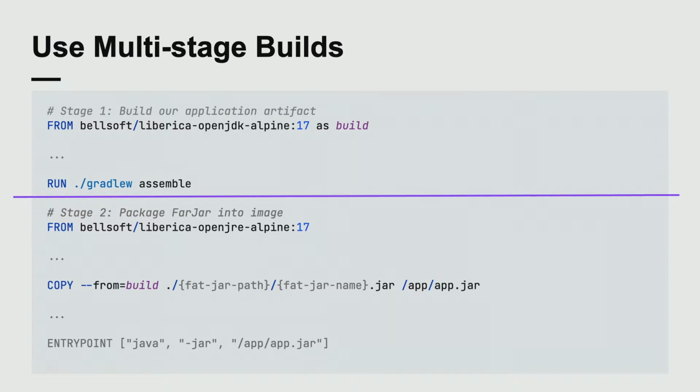And in stage 2, we can switch our base image to the Liberica OpenJRE and just copy the fat jar file from the previous stage and run your application using the JRE. With this tactic, we can run the whole Dockerfile on your CI server, so we don't need to rely on your local machine.